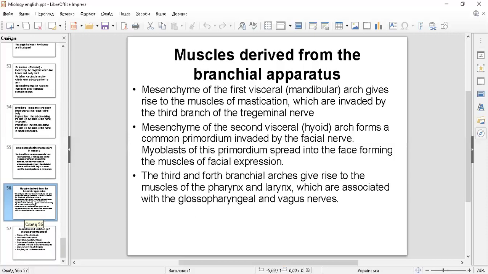Mesenchyme of the second visceral hyoid arch forms a common primordium invaded by the facial nerve. Myoblasts of this primordium spread into the face, forming the muscles of facial expression. The third and fourth branchial arches give rise to the muscles of the pharynx and larynx, which are associated with the glossopharyngeal and vagus nerves.